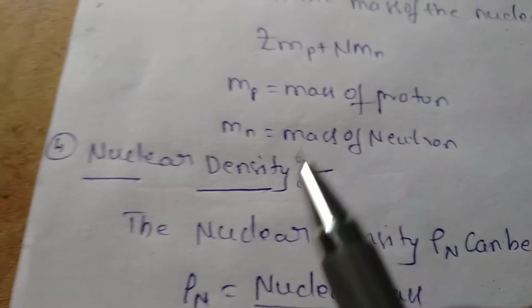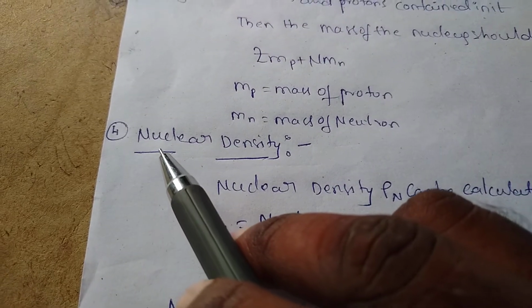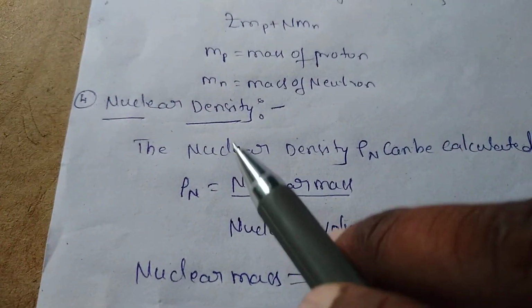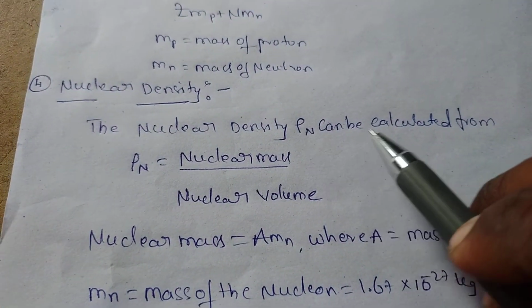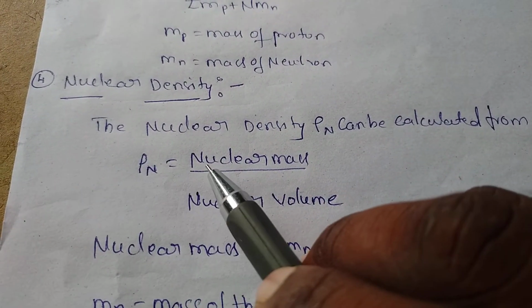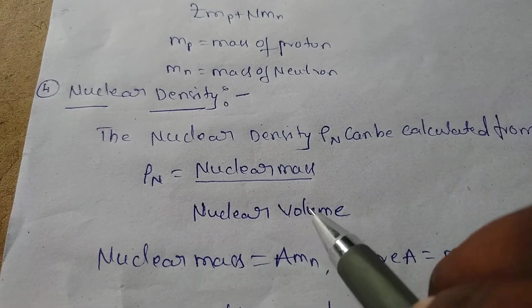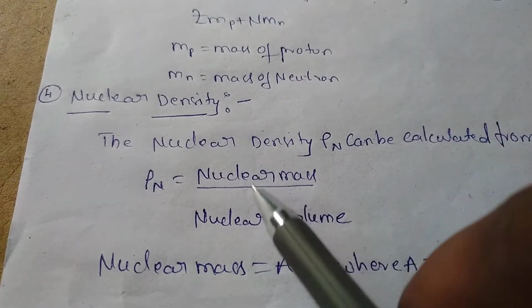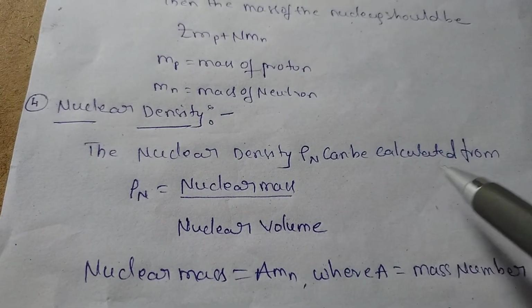Next, one important property: nuclear density. Rho suffix n can be calculated from the equation rho suffix n equal to nuclear mass by nuclear volume.